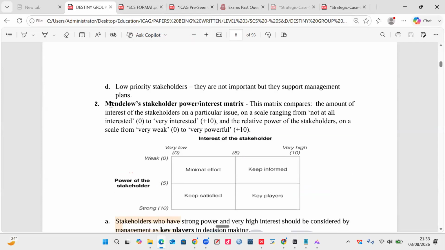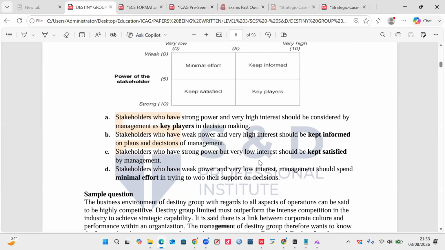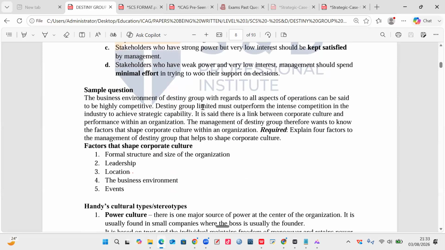I get it. The Mendelow stakeholder power matrix is also from the format. It's in there. So all these are the questions or the topics he's deriving from the format, to answer the case study, as a simulation of how the examiner may ask the question.